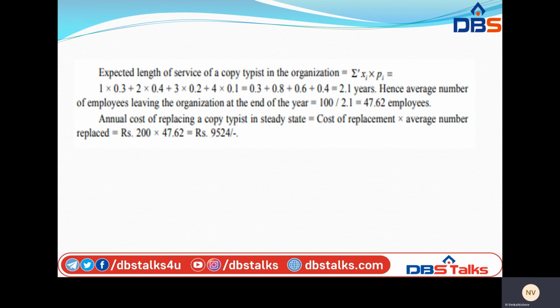So this is one of the different models, group replacement. With that we have solved three different models on replacement. One is where the cost of the item, the running cost and the salvage value are given.